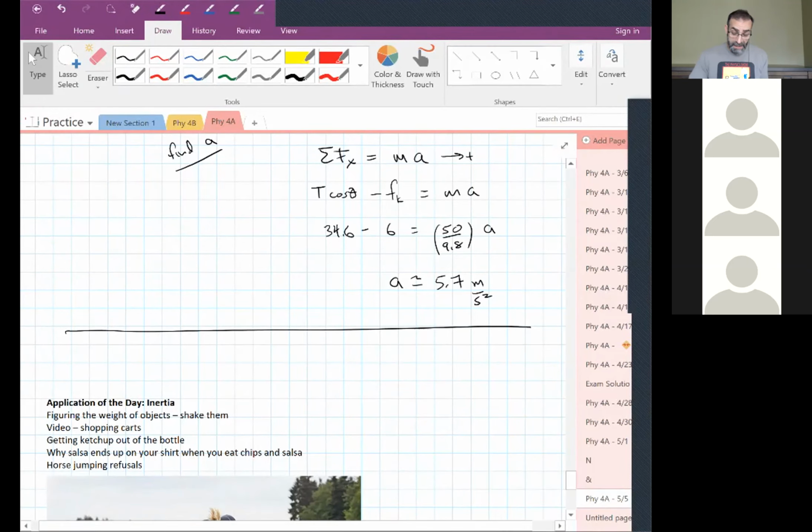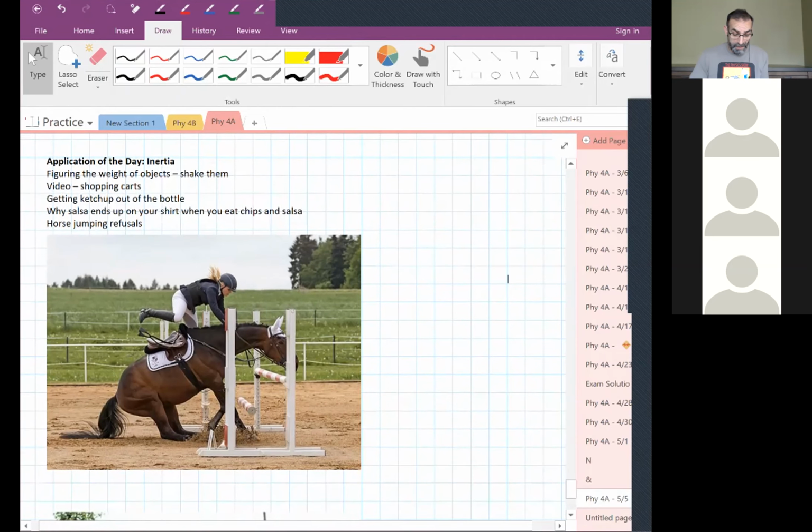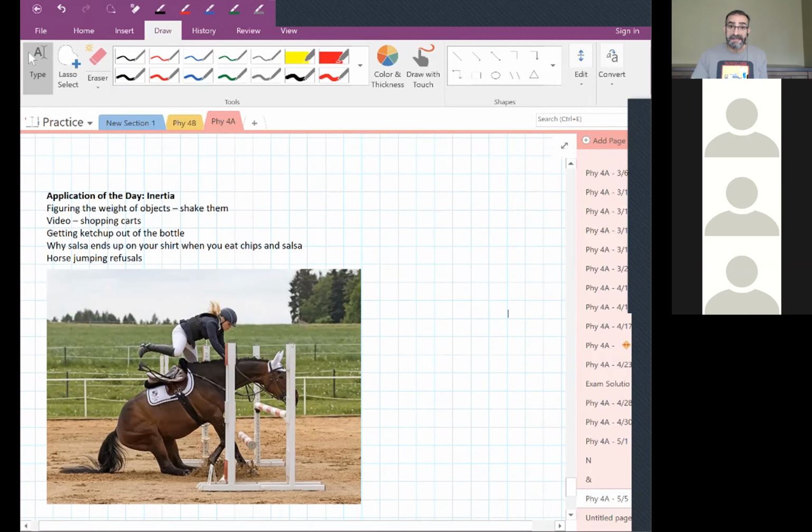I had a student a couple of years back who was really into horses, the jumping horses over obstacles. She said that sometimes the horse decides not to jump over the obstacle.